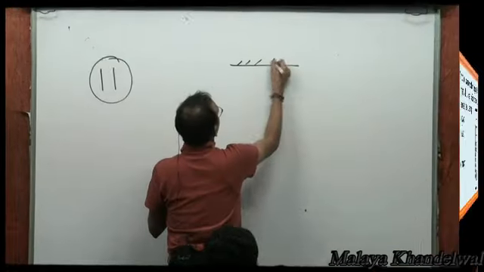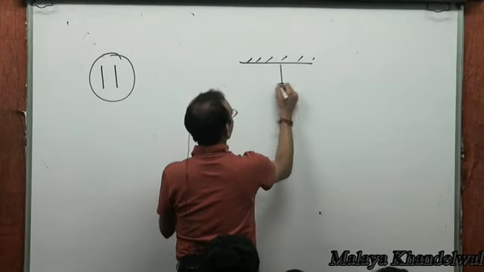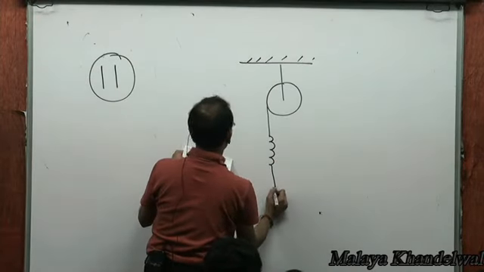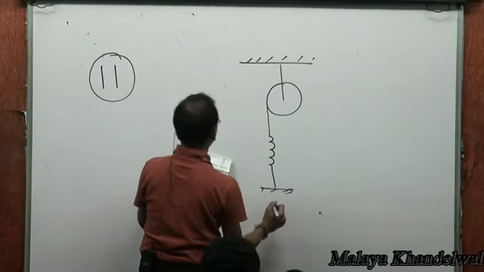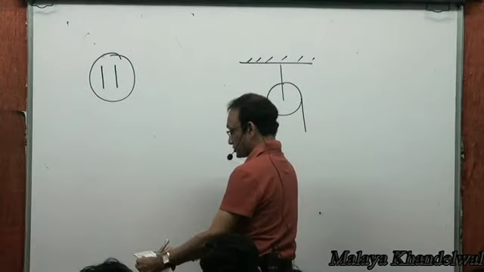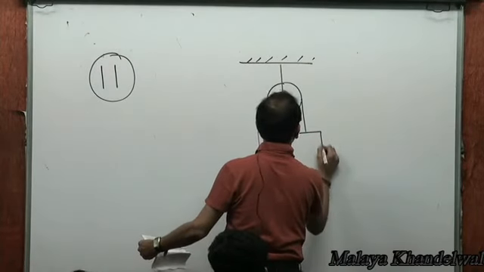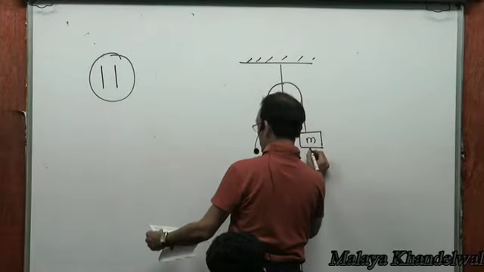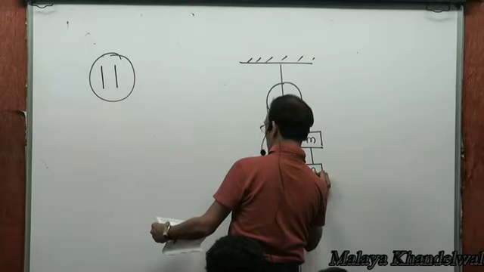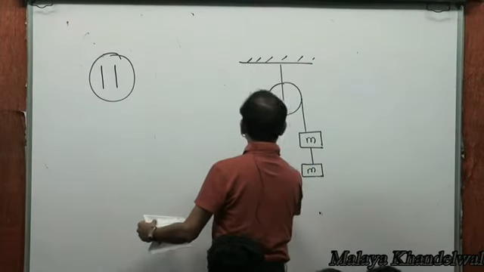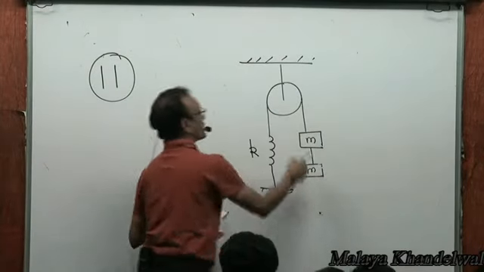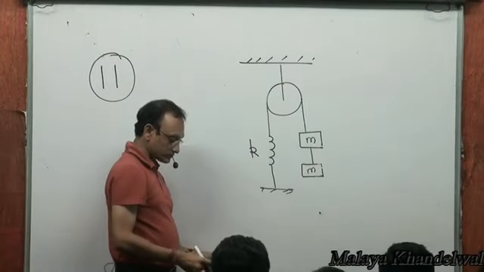There is one fixed pulley, with a spring passing over this pulley, connected to a mass M, and another mass M, with a spring of force constant K, and this is a string, whereas this is a spring, right?